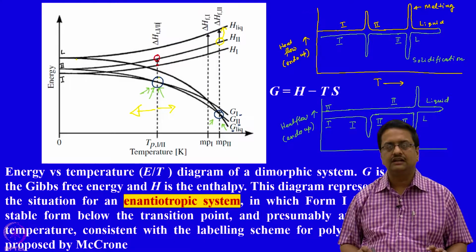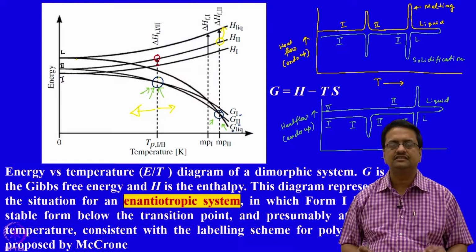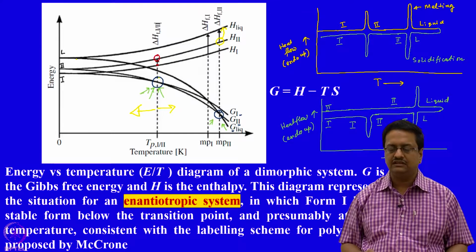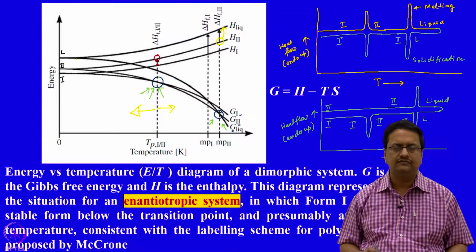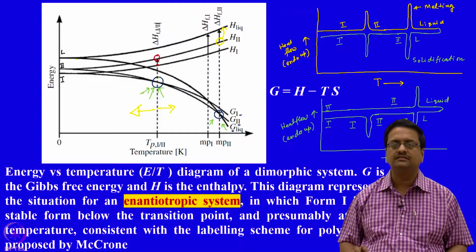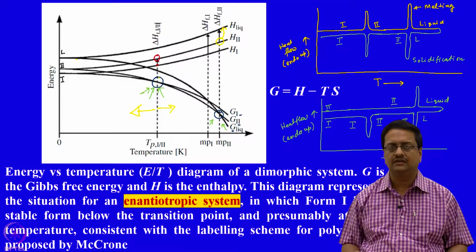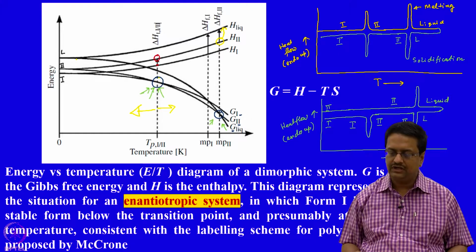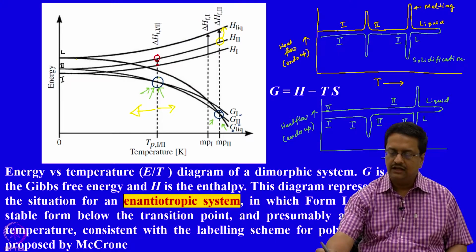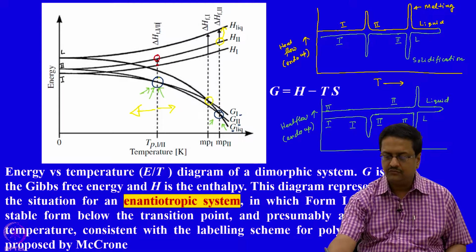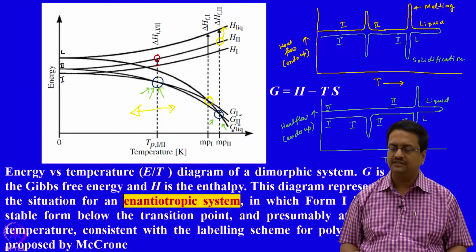Suppose we want form 1 to remain as form 1 beyond the transition temperature of form 1 to form 2. What one has to do is to heat form 1 at a very high rate, so that at the transition temperature there is not enough time for the phase to convert from 1 to 2, but it maintains form 1 as it is heated. Then we can determine the melting point of form 1 by very fast heating.